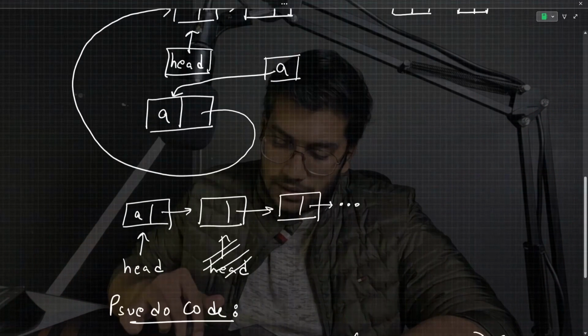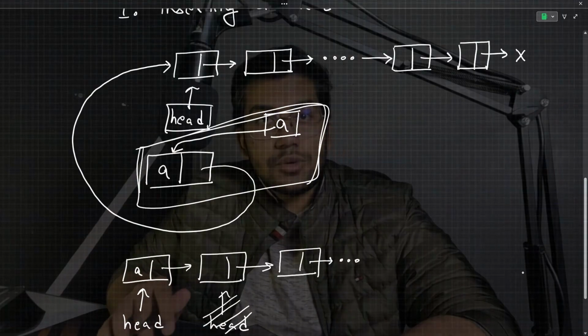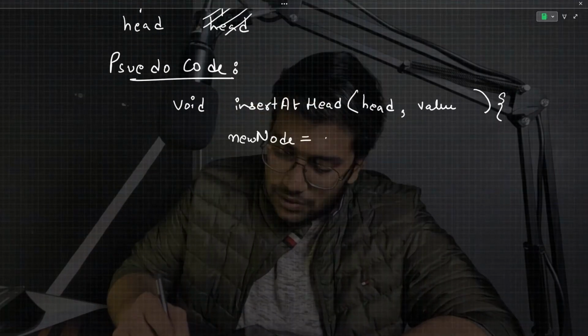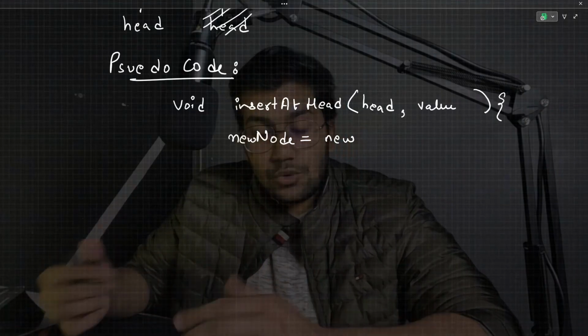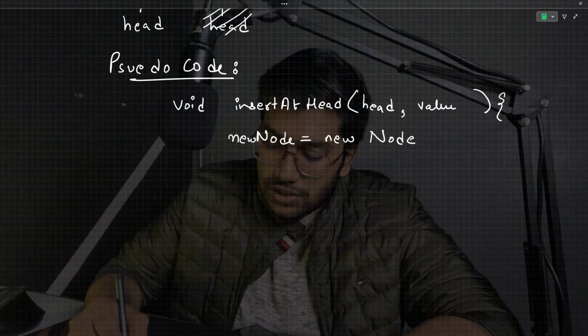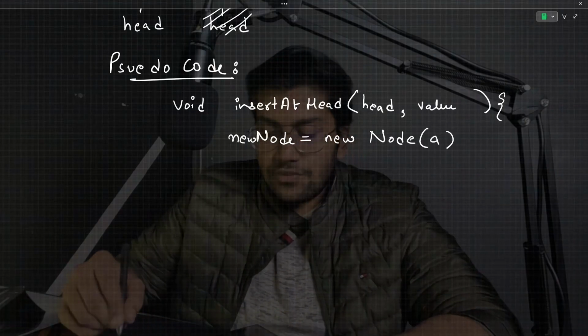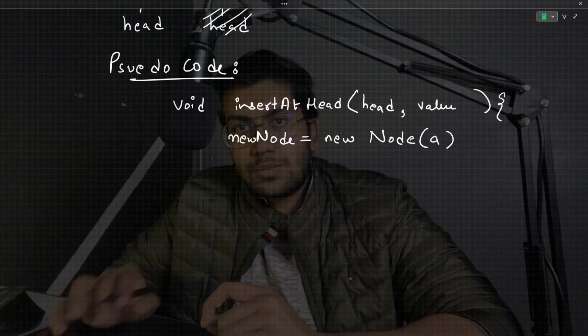First we created this node a, right? Our first job is to create this new node. I can say new node is equal to new node of value. New is the keyword that allocates new memory and calls the constructor for this node, and I pass the value a. By default I am assuming the constructor of node is initializing the next pointer to null.